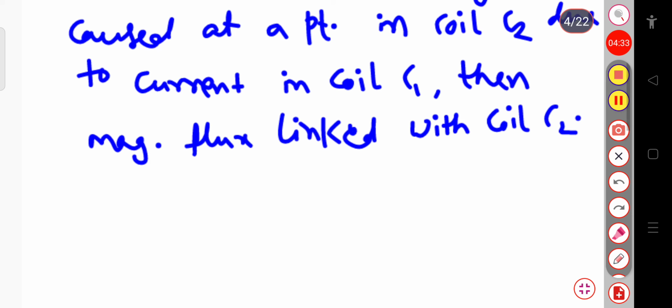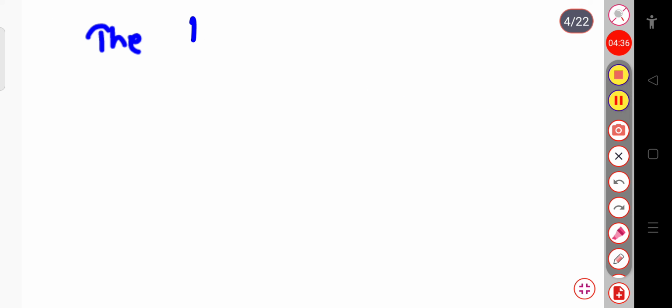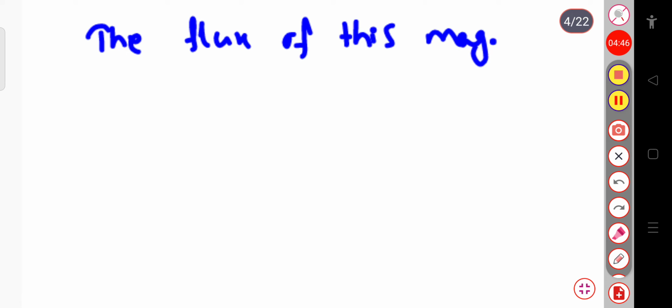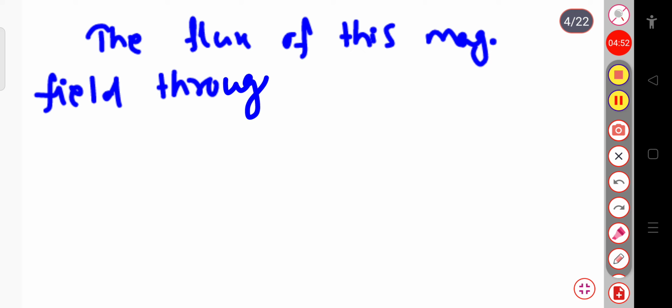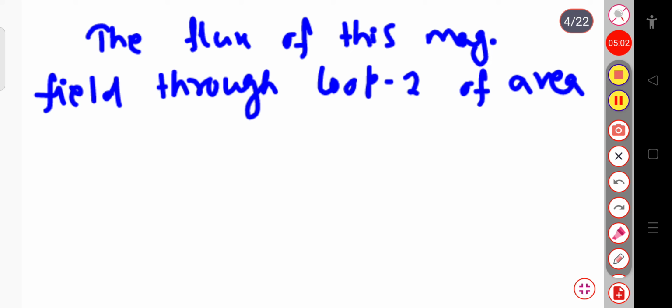So now we can write the flux. The flux of this magnetic field through the loop 2, meaning coil 2, of area ds2, is phi 21.